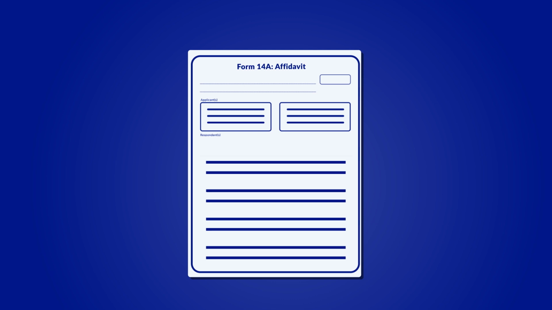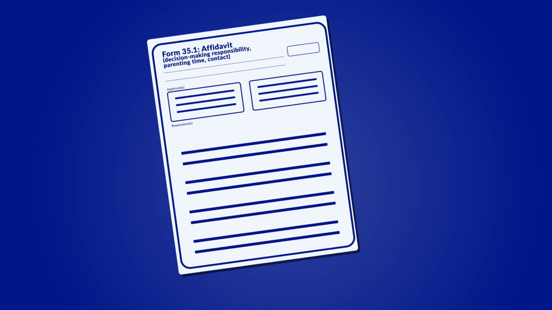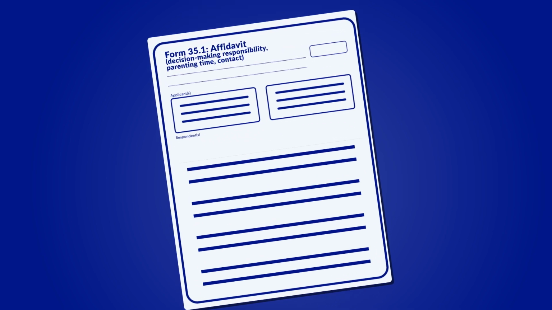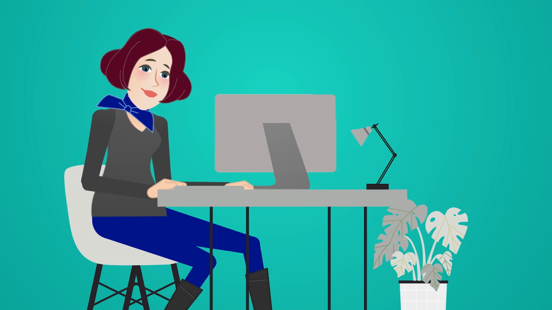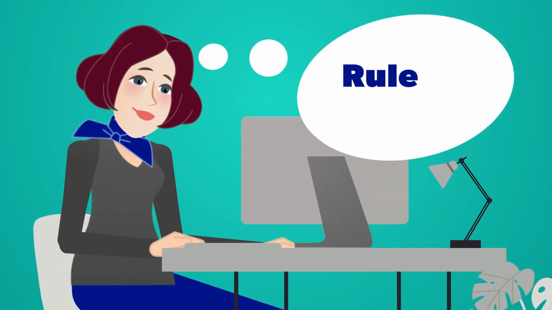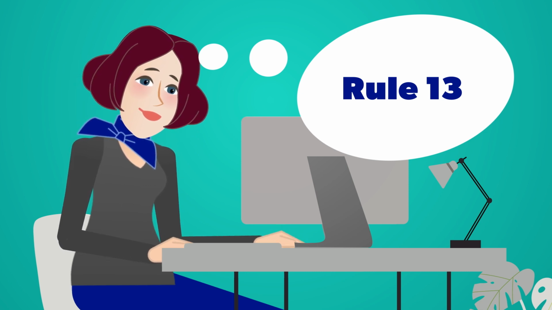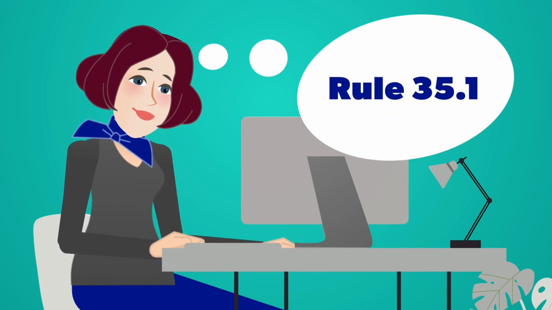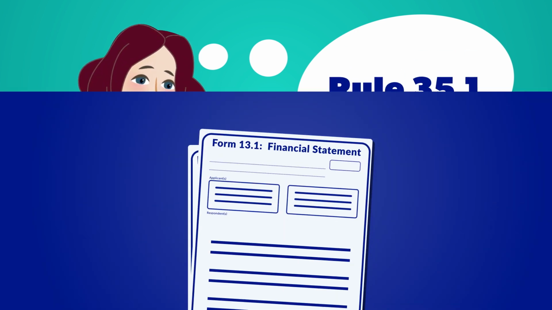If your motion deals with parenting issues, you may need to update your Form 35.1 affidavit about decision-making responsibility, parenting time, and contact. Check the family law rules to see what other documents you may need to include. Rule 13 deals with financial disclosure, and Rule 35.1 deals with parenting.